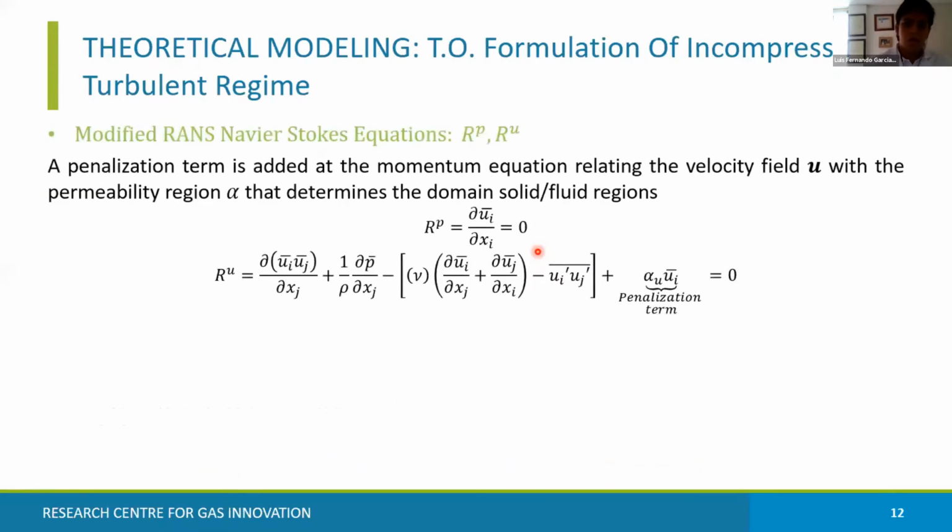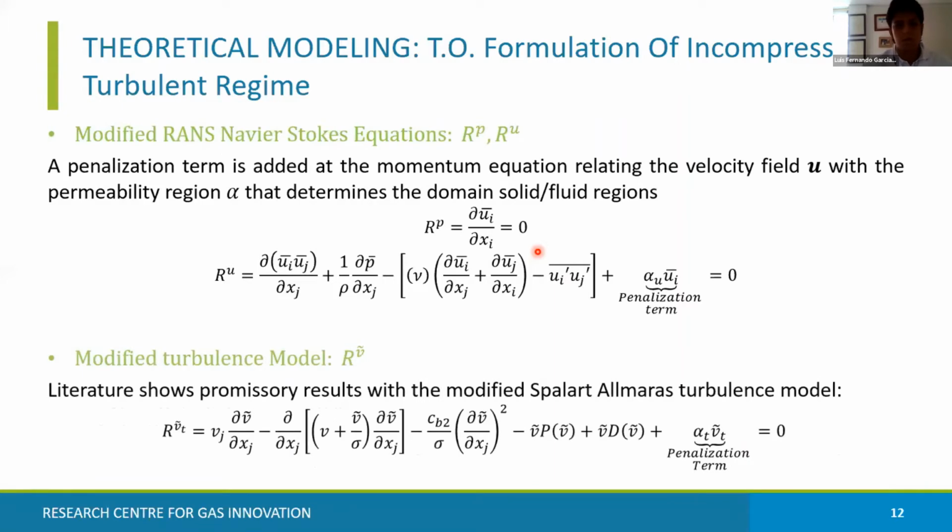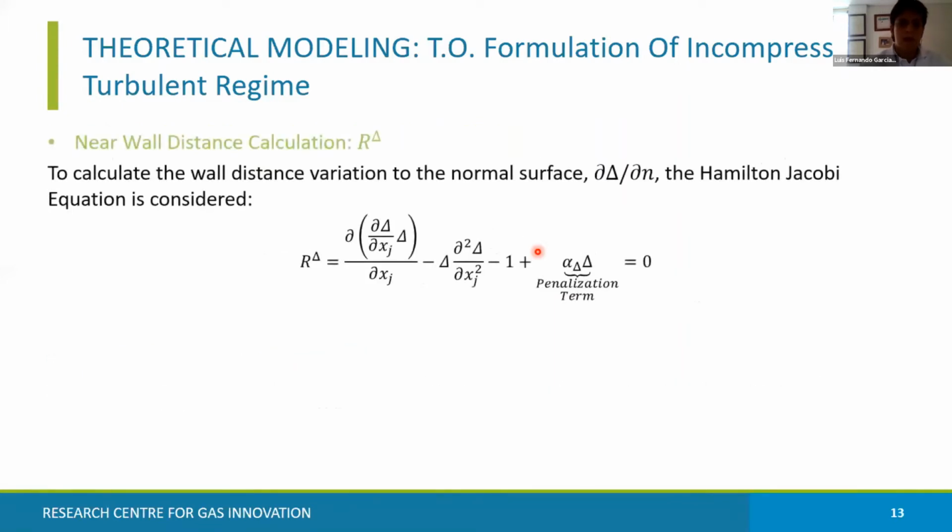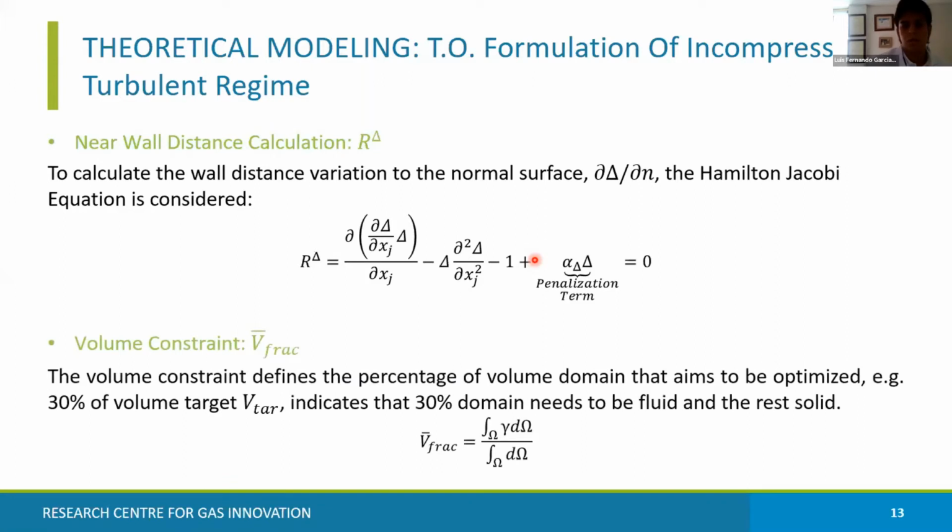We also, as I told you before, modify the state equations. The Navier-Stokes equations are modified with the penalization term, and the Spalart-Allmaras turbulence model is modified as well. In this research, we have innovated because we have also penalized the near-wall distance calculation to calculate the adjoint turbulence modeling.